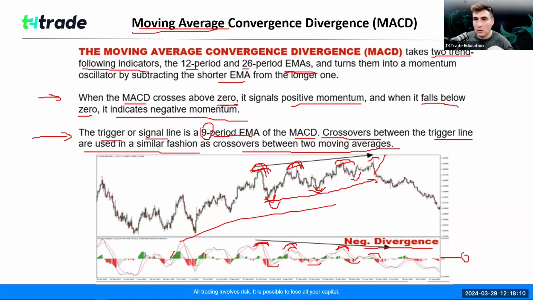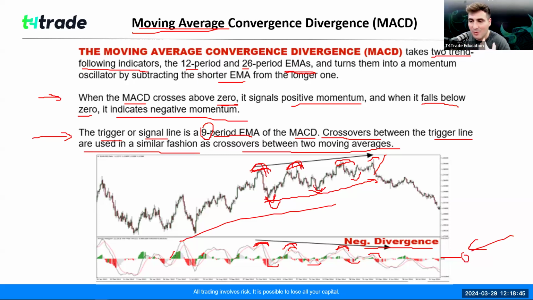This is what we call, in a sense, a divergence, and we pay significant attention to this because it's an early sign that something is going wrong. The momentum, the strength showcased by the MACD is telling you that the bullish momentum is draining out much quicker than the price action, and you're going to see bulls evaporating quickly, and the bears will enter the picture and push the price action to lower ground.